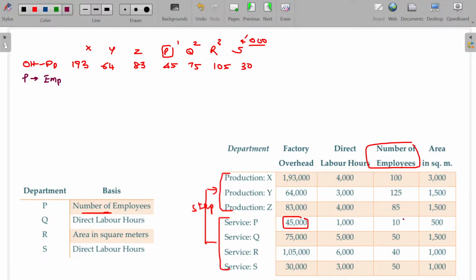Its own will be eliminated. So for the other departments, the ratio is 100 : 125 : 85 : dash : 50 : 40 : 50. Subtract the 45 here and add to the other departments in this ratio.